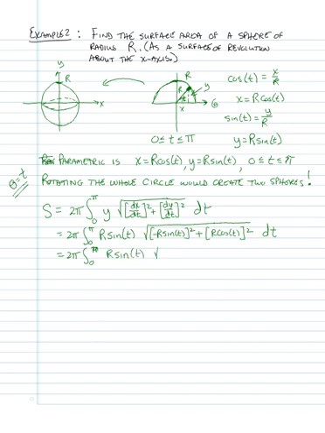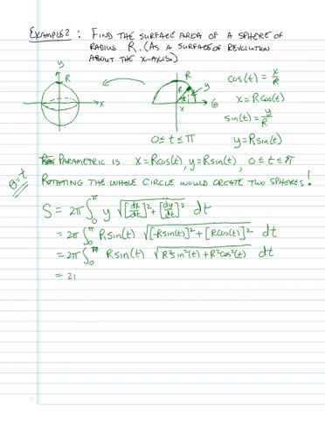Inside the radical, what we really have is an r squared sine squared t plus an r squared cosine squared t dt. And so we see that, and maybe I'm taking too many steps here, we can actually factor out an r squared from that, don't we?